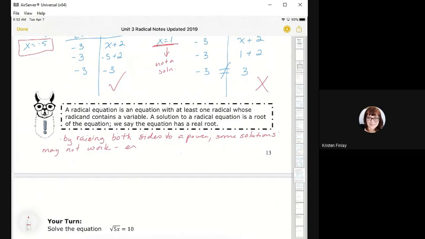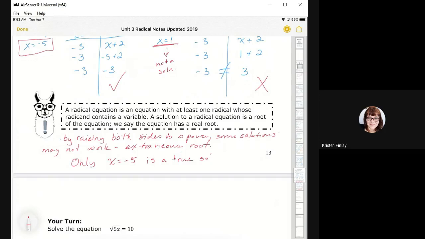We get an extraneous root. By squaring both sides, the -3 became positive, and the x plus 2 became a quadratic, and it was no longer a linear equation. So what happens is we get this extraneous root, and only x equals -5 is a true solution.